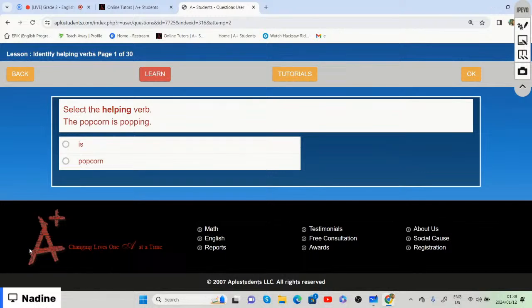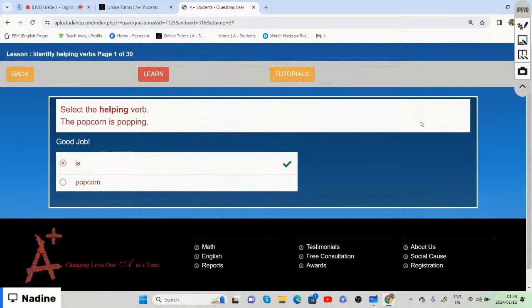And if we select the helping verb within the sentence, we're going to select the helping verb as is. So the popcorn is popping, so is being our helping verb.